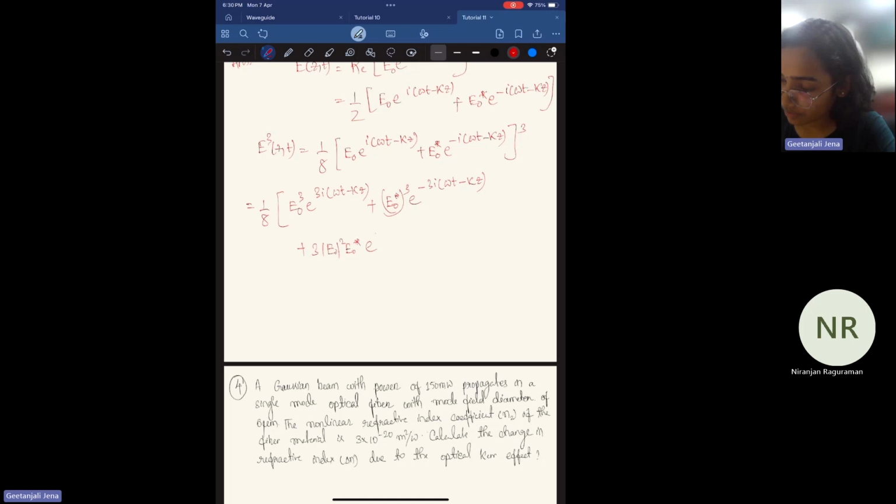This will give a term of omega, not 3 omega, plus 3ab squared, which will give a minus term.